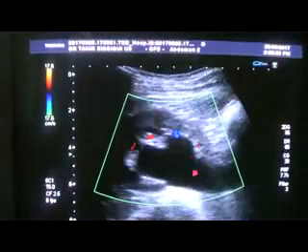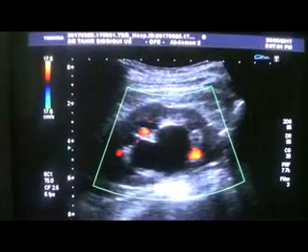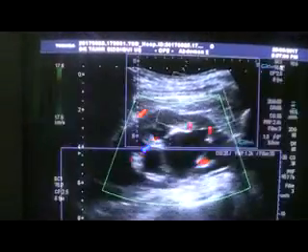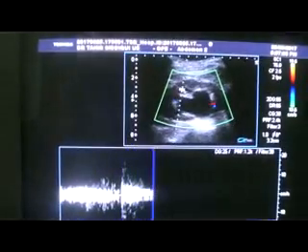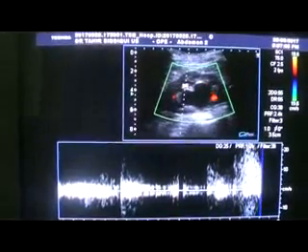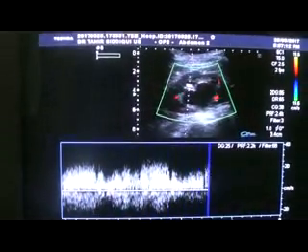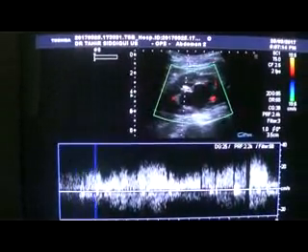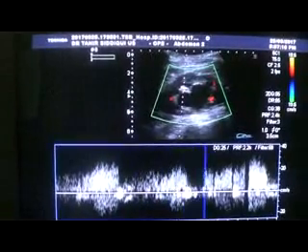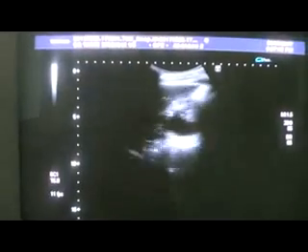in the initial study. It's very difficult, in fact, to get the waveform in this patient, so I'm trying, but he is so dyspneic that he can't.